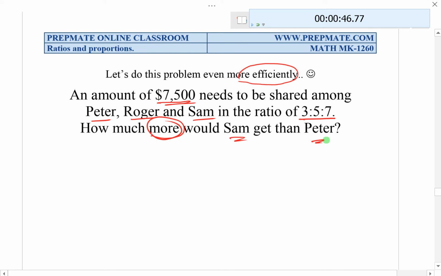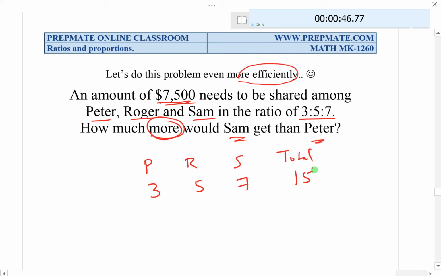So as before, let's tabulate the information. Peter, Roger, and Sam, they share something in the ratio of 3 to 5 to 7. And then you're going to come up with a total. That's going to be 3 plus 5 is 8. 8 plus 7 is 15. Okay. Now, the question is asking how much more would Sam get than Peter?